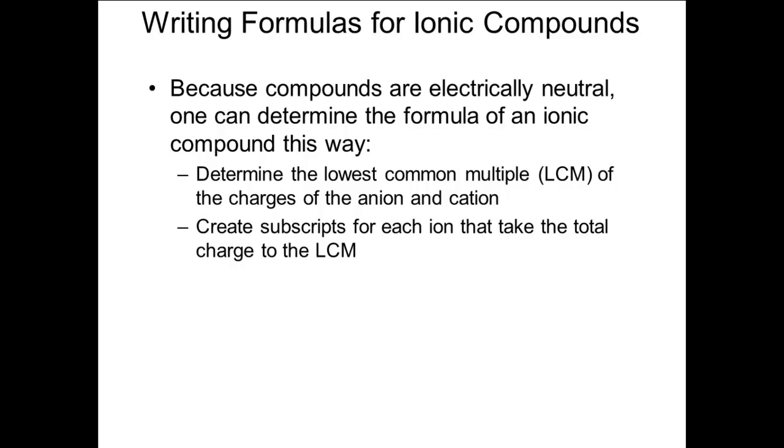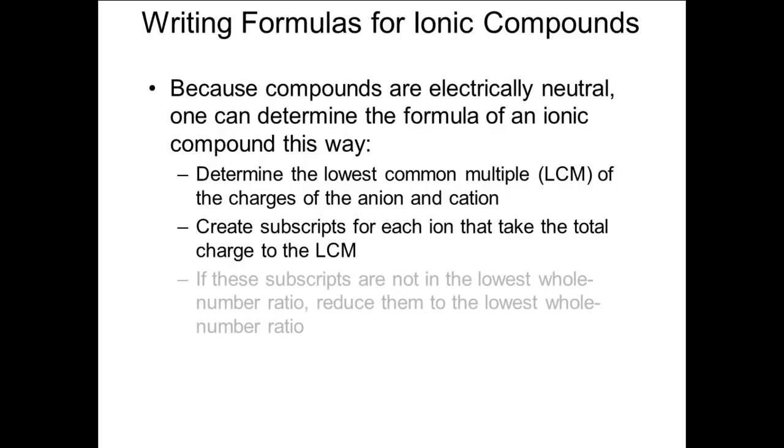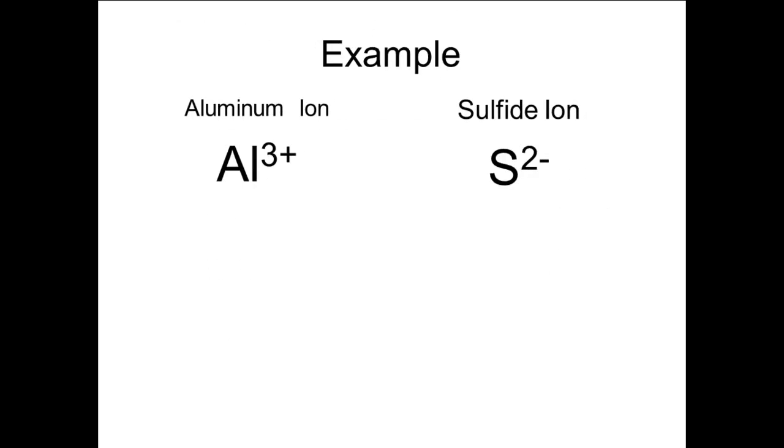Create subscripts for each ion that take the total charge to the lowest common multiple, and reduce the subscripts to the lowest whole number ratio if they are not already. For example, suppose we want the formula of the compound aluminum sulfide. The aluminum ion has a charge of 3+, and the sulfide ion has a charge of 2-.